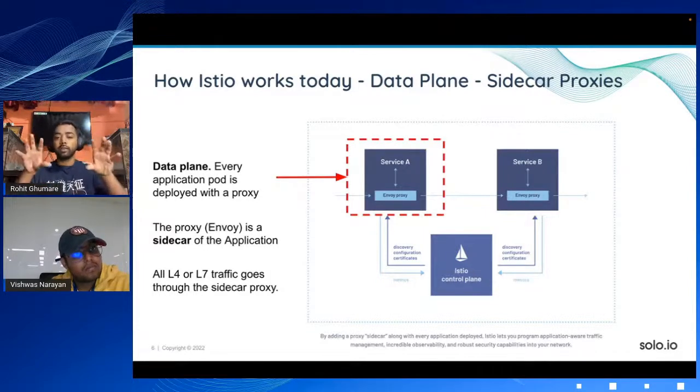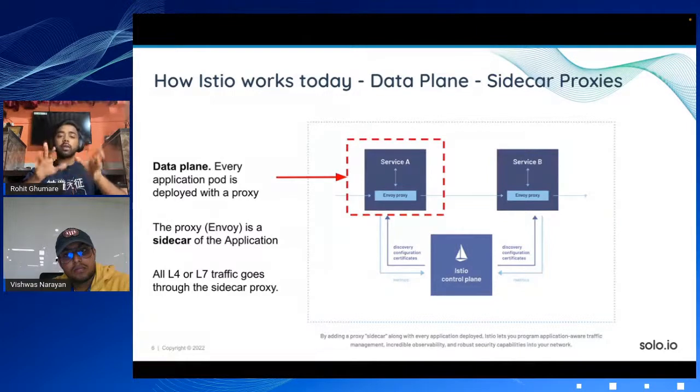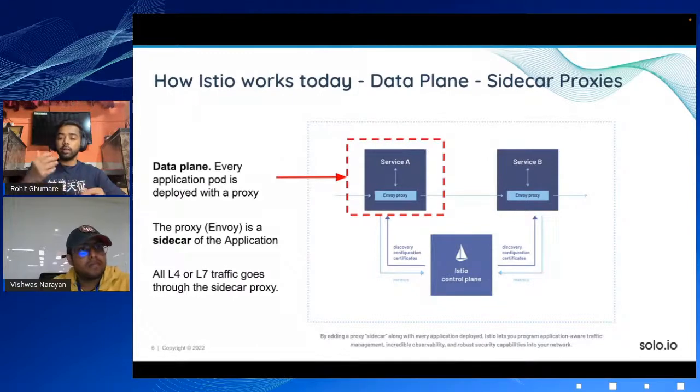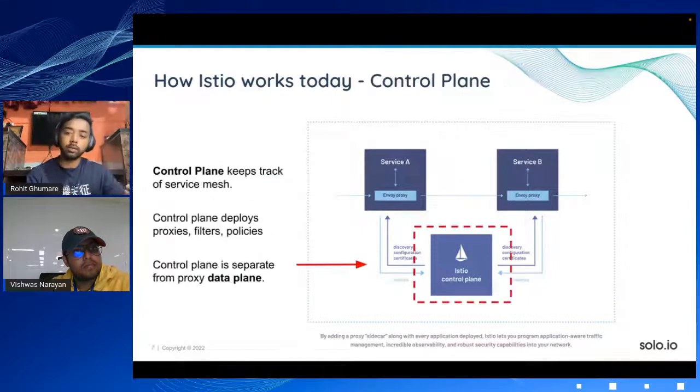This entire service A and this Envoy proxy is called a data plane. The data plane is where everything goes on, and the control plane from outside will handle everything. It will get the metrics and all for the monitoring, and it will provide the certificates for your data planes.